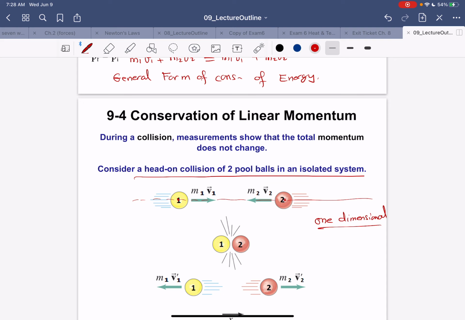In this situation, we are suggesting maybe M1 and M2, but we know that if it is pool balls, they're going to be the same mass. But in general, they're going to hit each other during a very short time. During that short time, there is a force between the two objects.